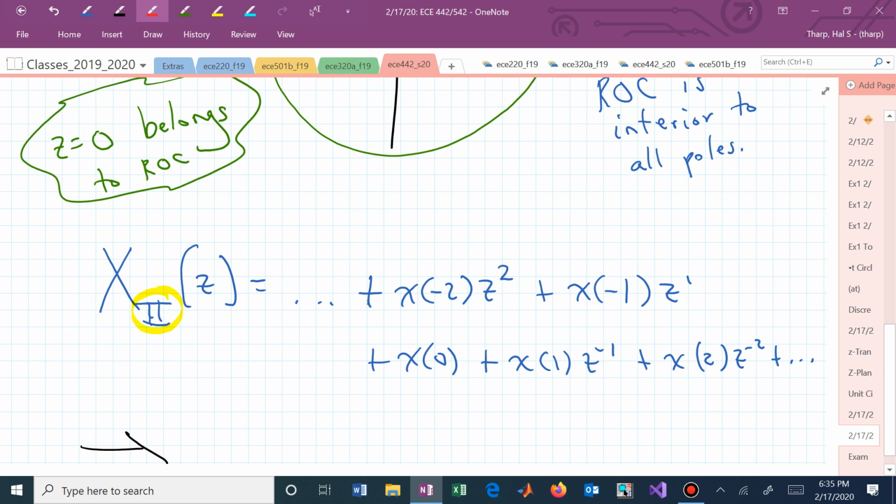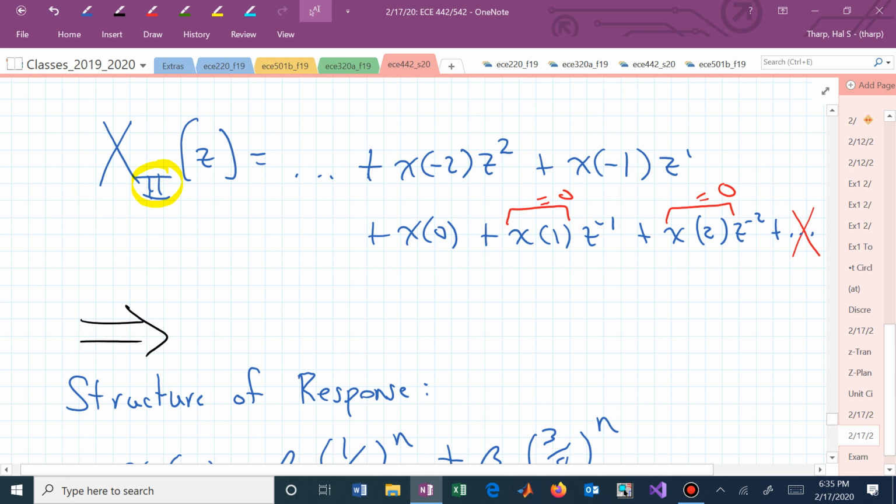Which sequence terms have to disappear, or have to be 0? Now if we let z go to 0 and we're dividing by 0, those terms would blow up unless we have these pieces actually equal to 0, and all of those. So that now we know that our sequence in the time domain is defined for negative arguments, or it's now anti-causal.